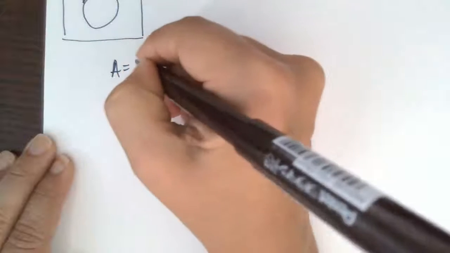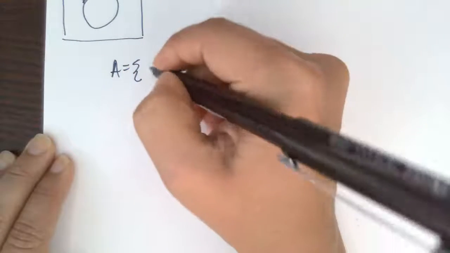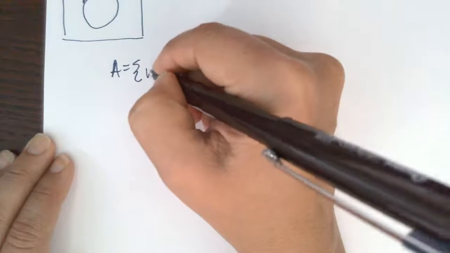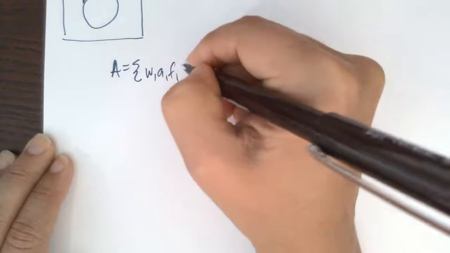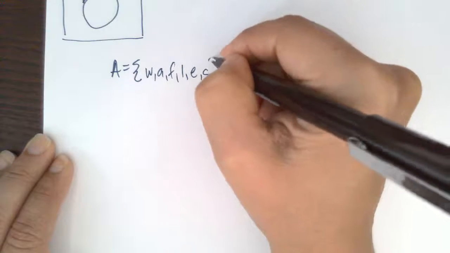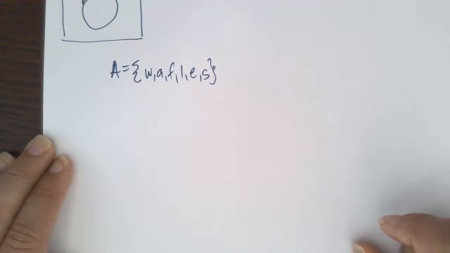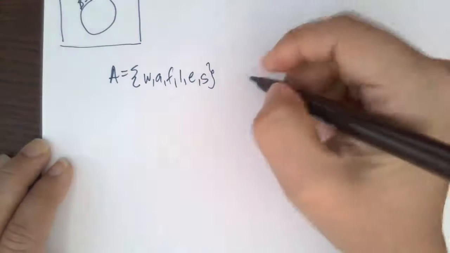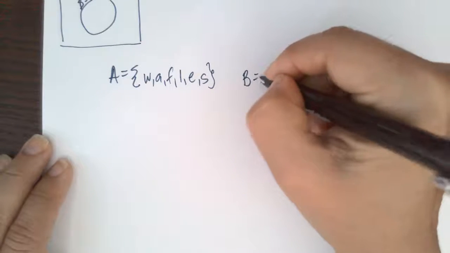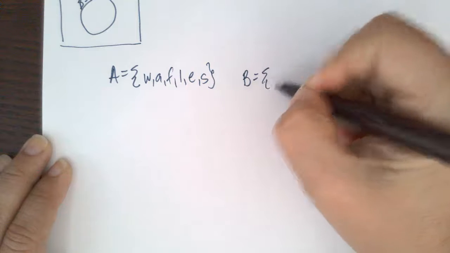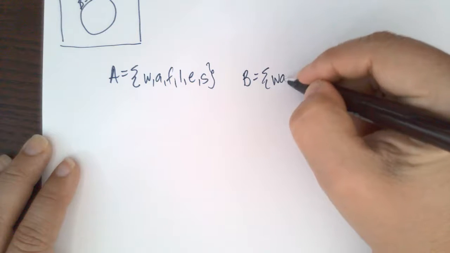So let's say A is the set WAFLES, and B is the set WAFLEST.